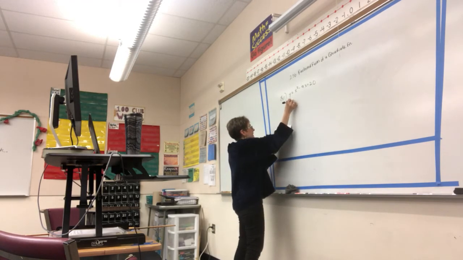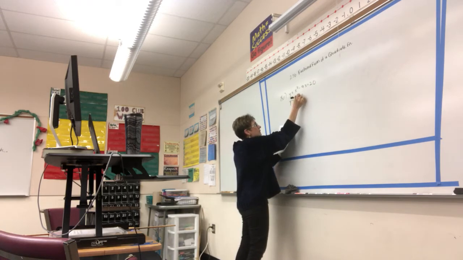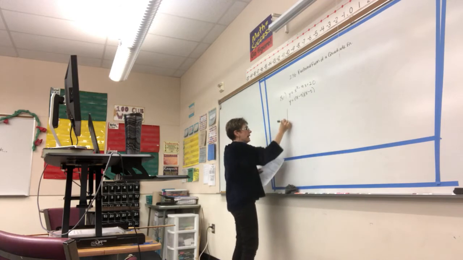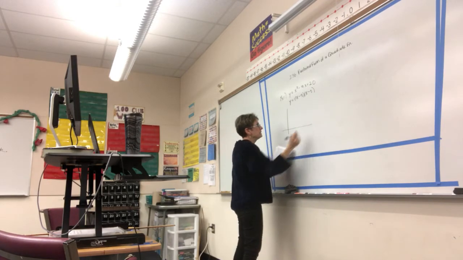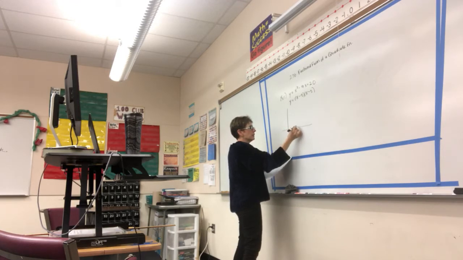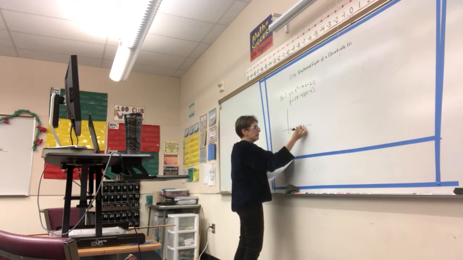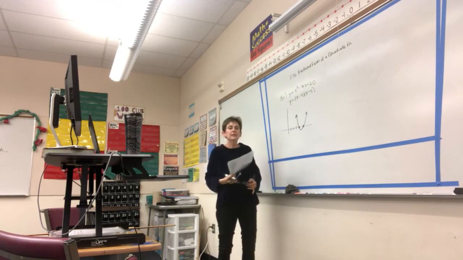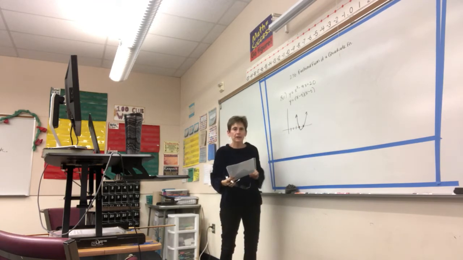So we can write this as x minus 5 times x minus 4. When I graph this, my parabola has intercepts at 4 and 5. So this parabola would have x-intercepts of 4 and 5, and that is equivalent to saying the zeros are 4 and 5.